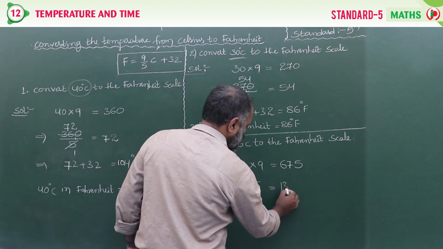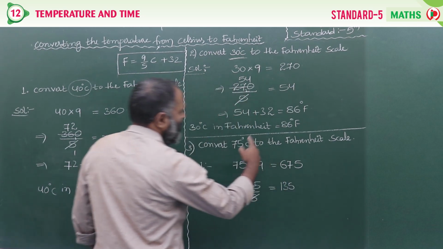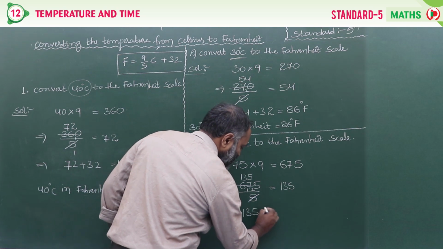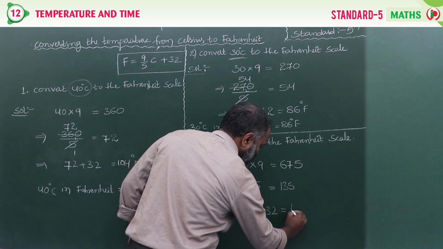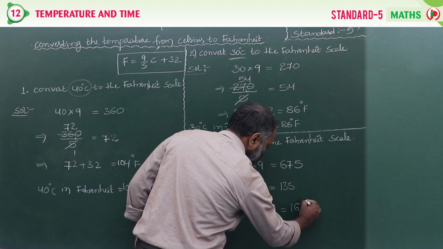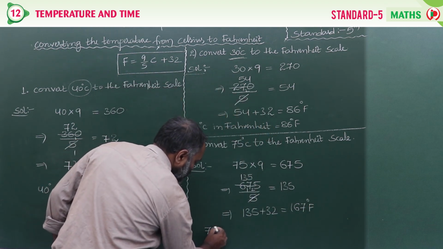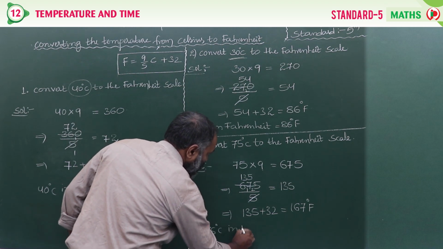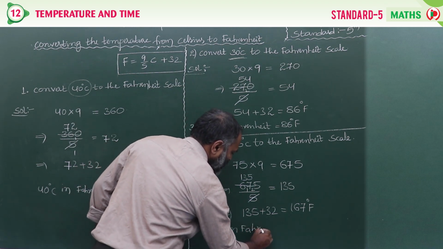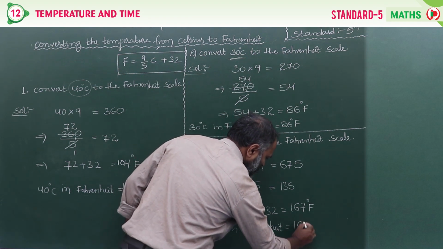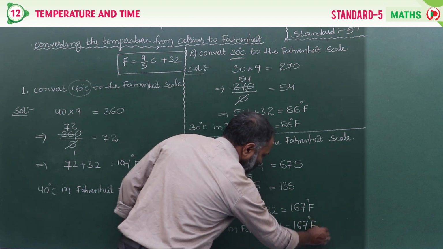It is 135. This quotient we should add up with 32. 135 plus 32, that is 167 degrees Fahrenheit. It means 75 degrees Celsius in Fahrenheit is equal to 167 degrees Fahrenheit.